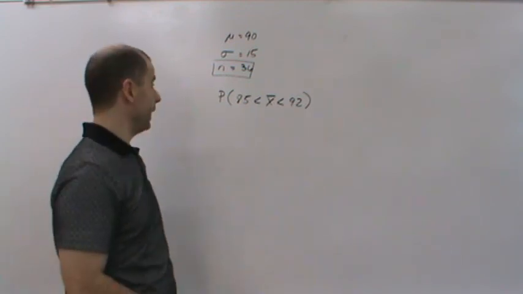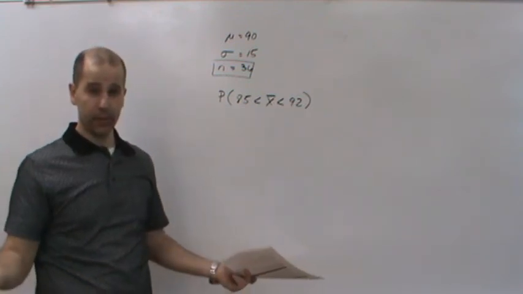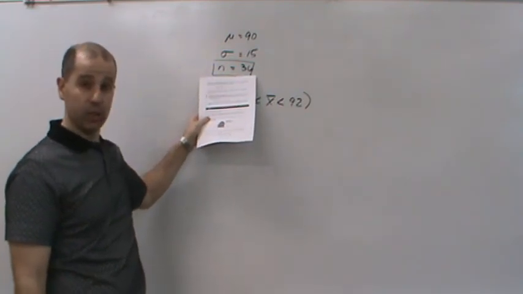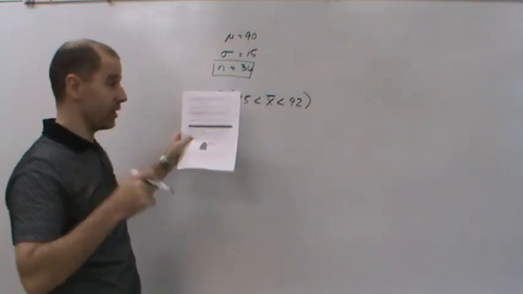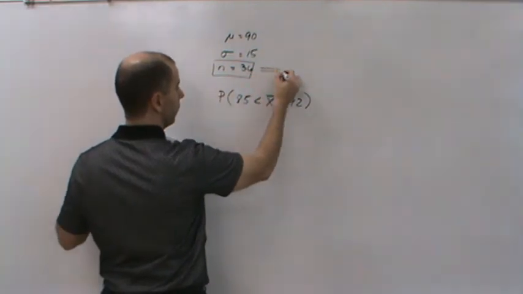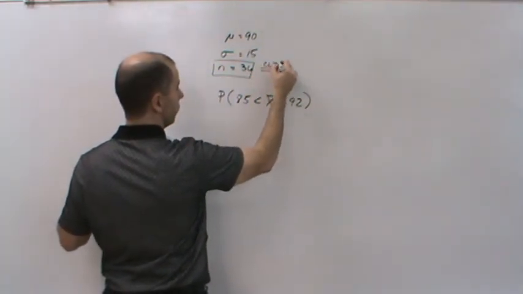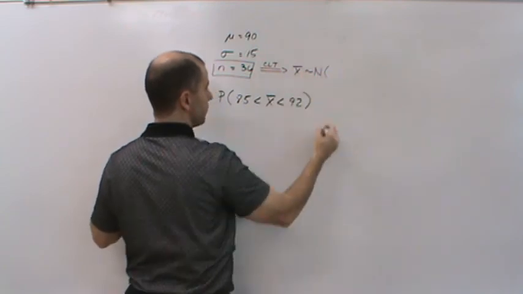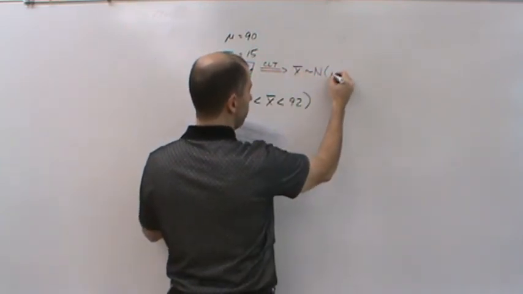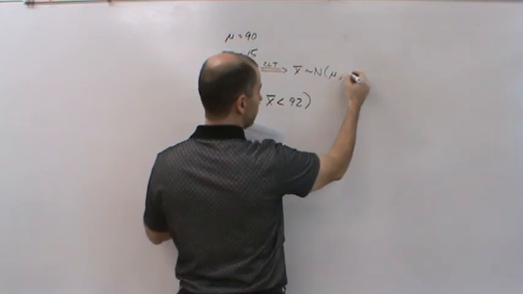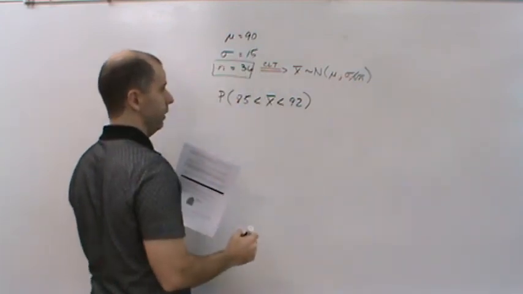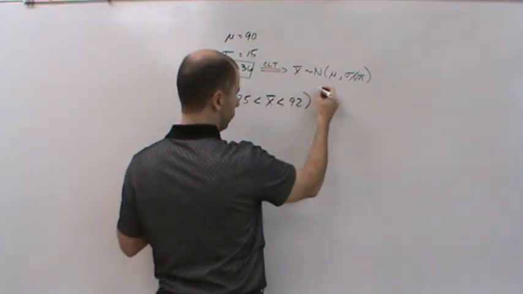Okay? But here we don't know that. We don't know anything about the population. So in this case, we have to use the central limit theorem. Here, n is bigger than or equal to 30, so the central limit theorem gives it to us. So we know that x bar is approximately normal with a mean of mu and a standard deviation of sigma divided by the square root of n. So in other words, what do we get?